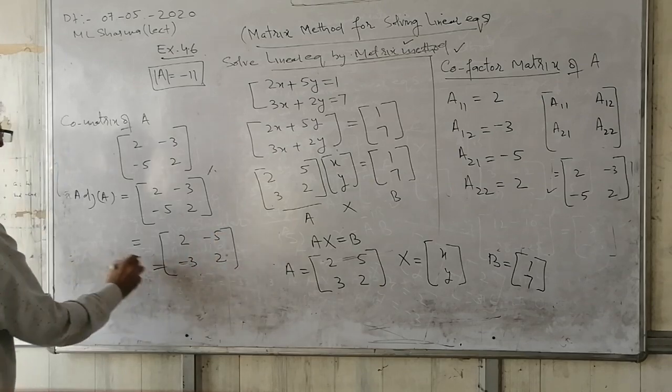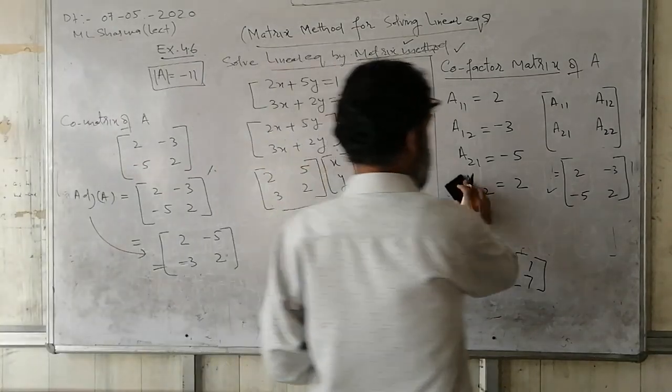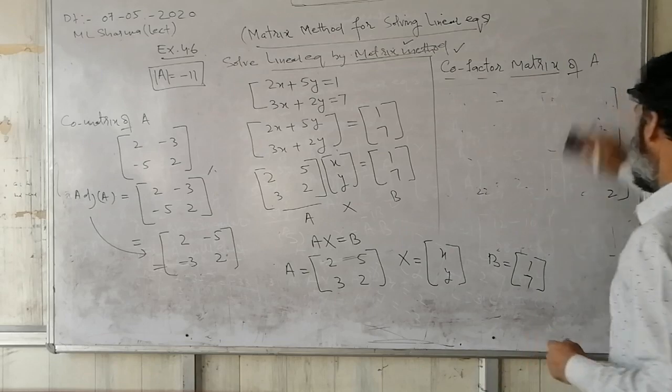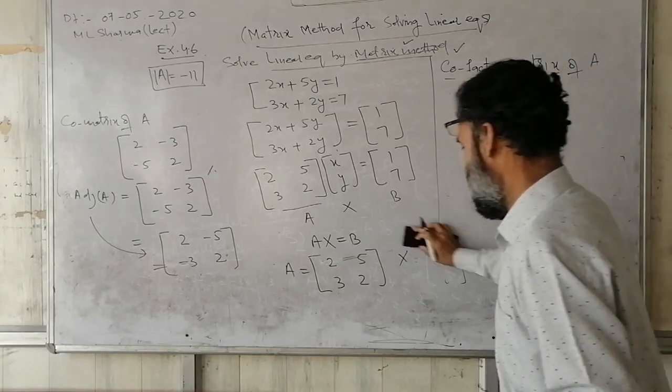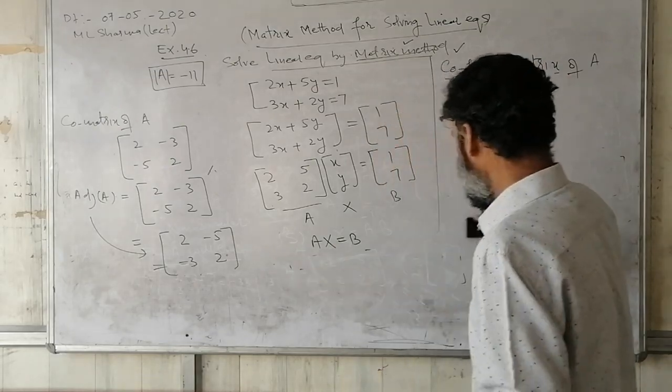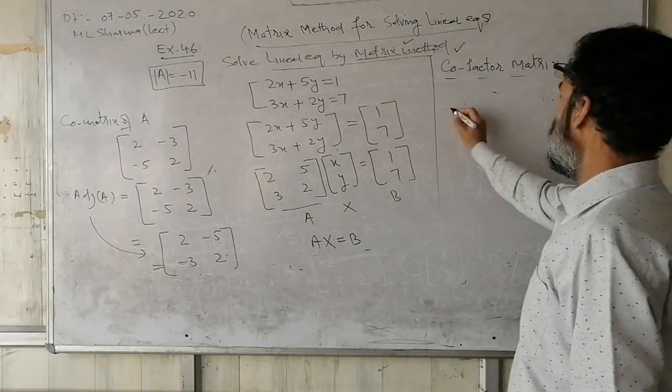So this is the adjoint of A. Now I will have to find the inverse.